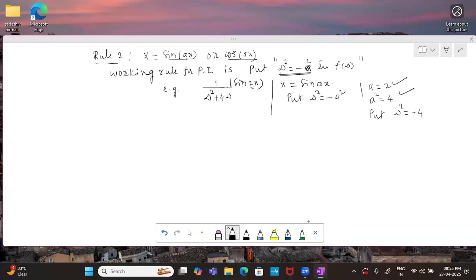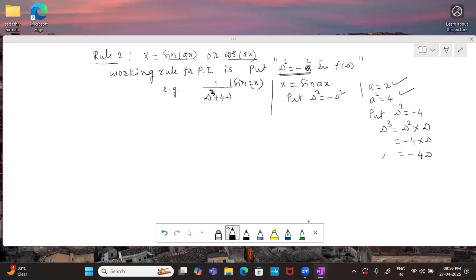So first decide a, square it, and replace D square by minus of that a square. That is the procedure. So D square is minus 4, but here there is D cube. Just a minute, it is D cube. So D cube will be D square into D. D square is minus 4, into D. It is minus 4D.